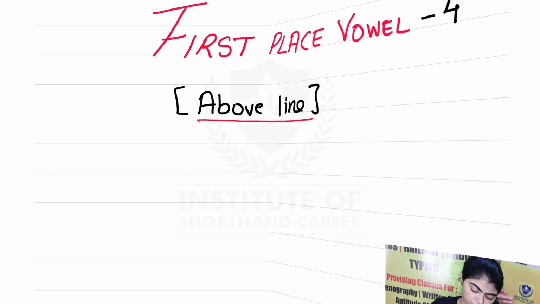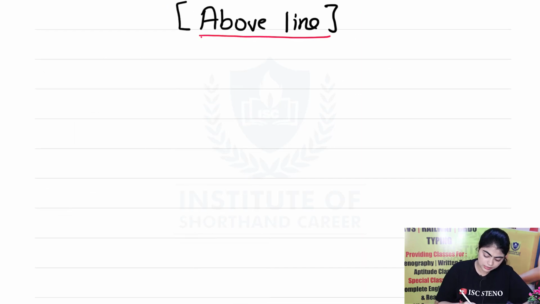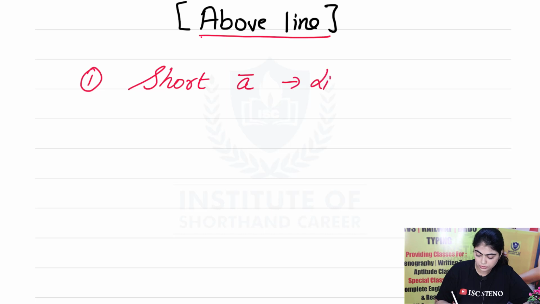So just see. The first sound that is coming is of short A. Short A is represented by a light dot. The words having the spelling of A, like short A, give you three sounds.